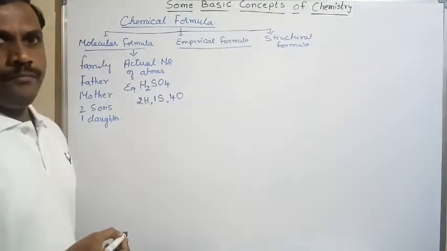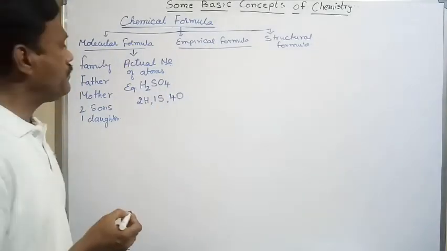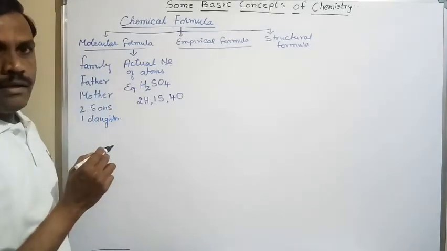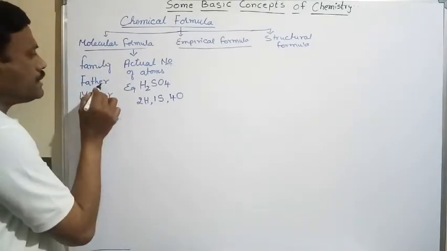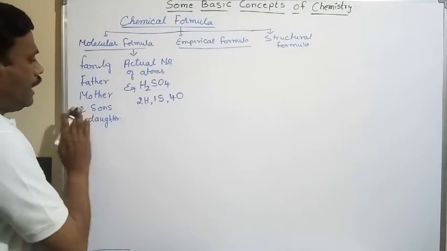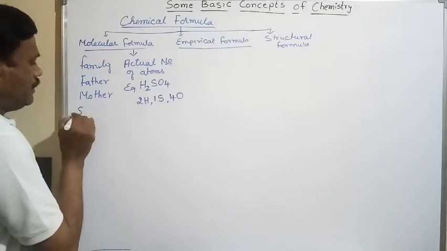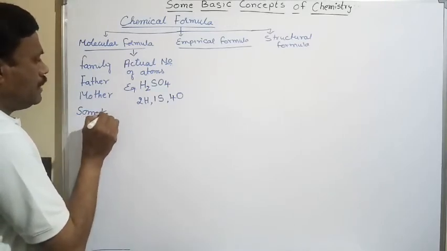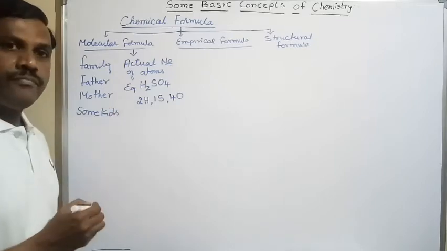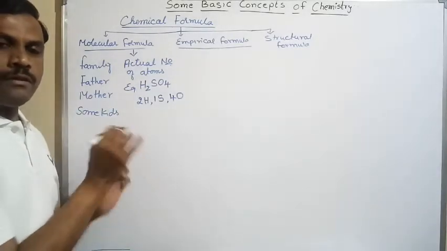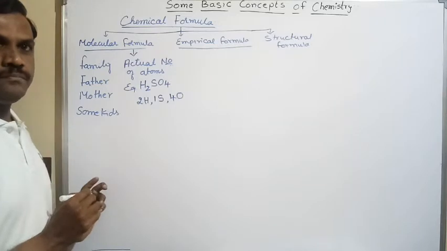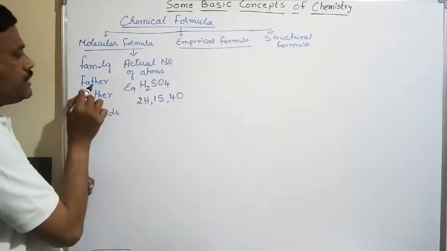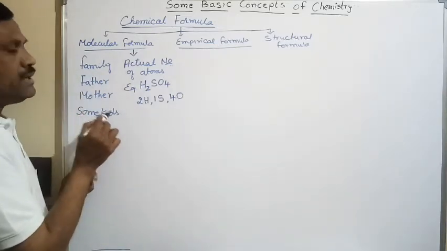Empirical formula: say a family with father, mother and some kids. This is a little bit confusing. A family with father, mother and some kids.